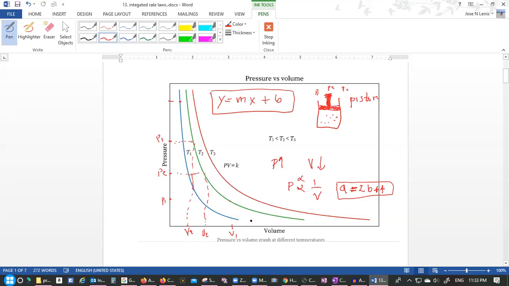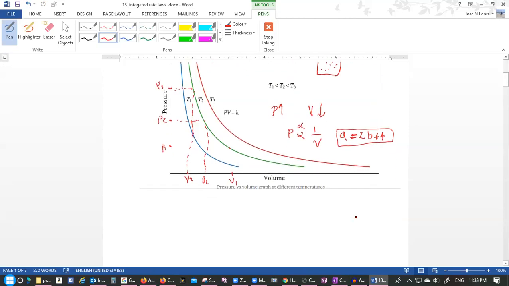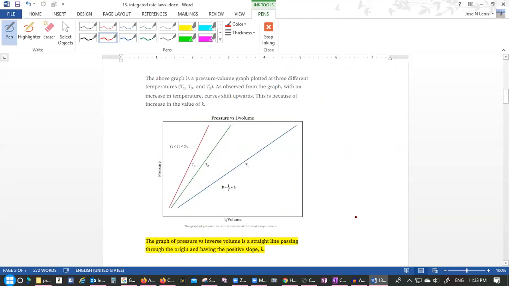This is a graph of pressure against volume, and you get the curve with that shape. Whereas on the second one, you have pressure against 1 over volume. And this axis here is the origin.